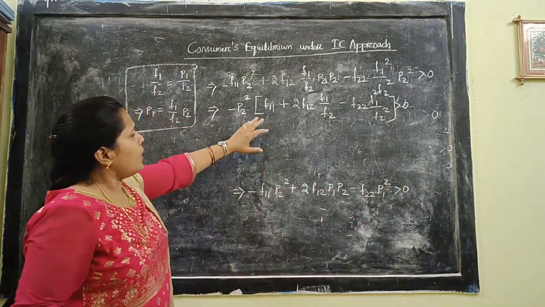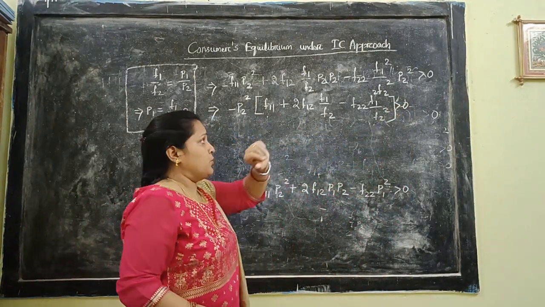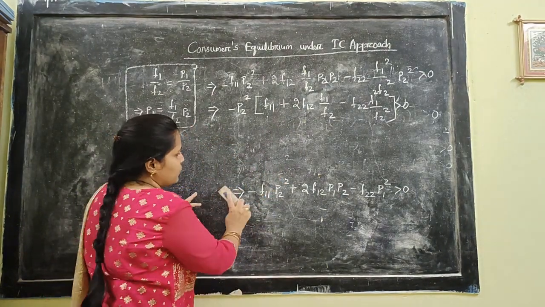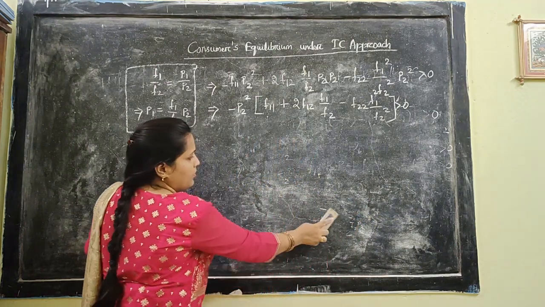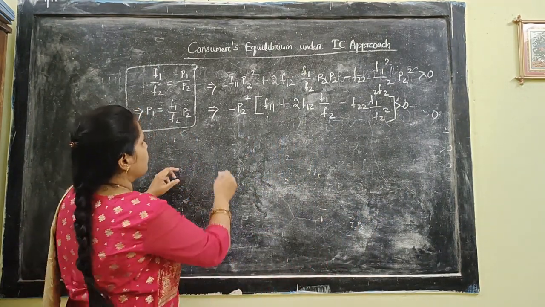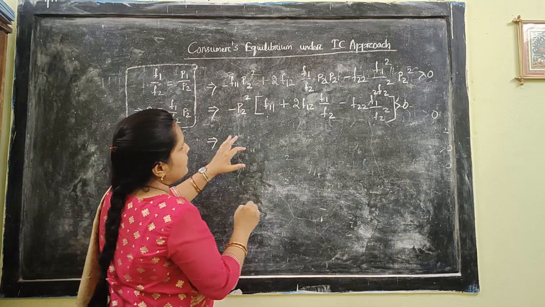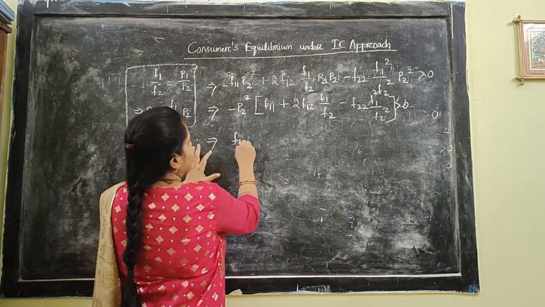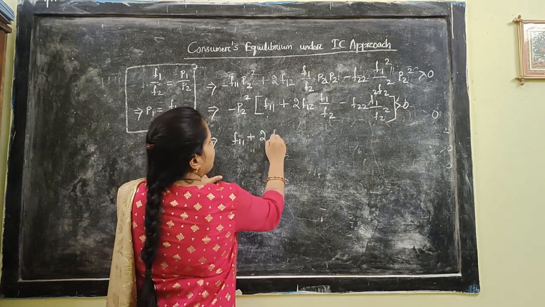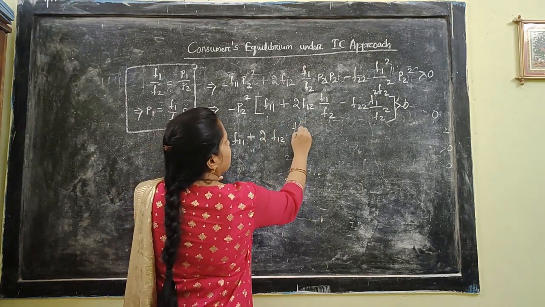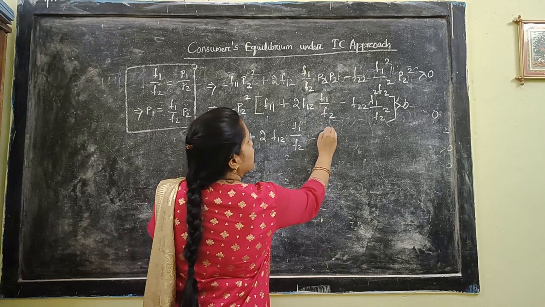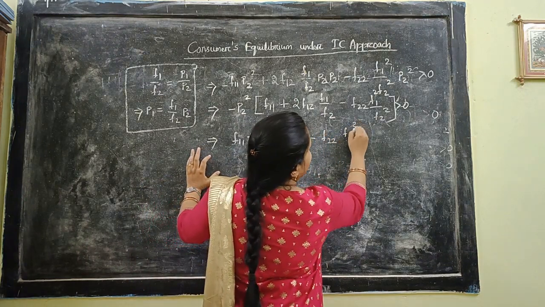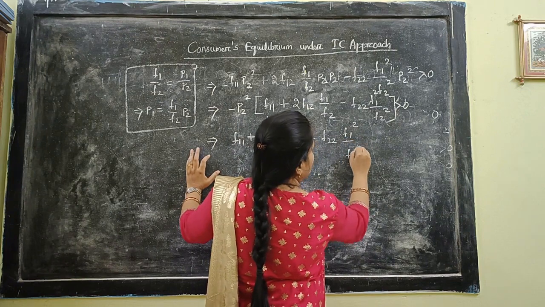So now I am erasing the last equation here. What we can write here is simply F11 plus 2 F12 F1 by F2 minus F22 into F1 square by F2 square is greater than 0.